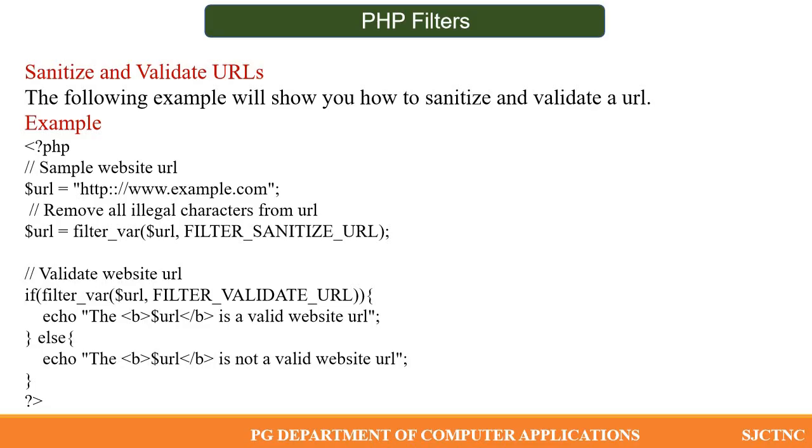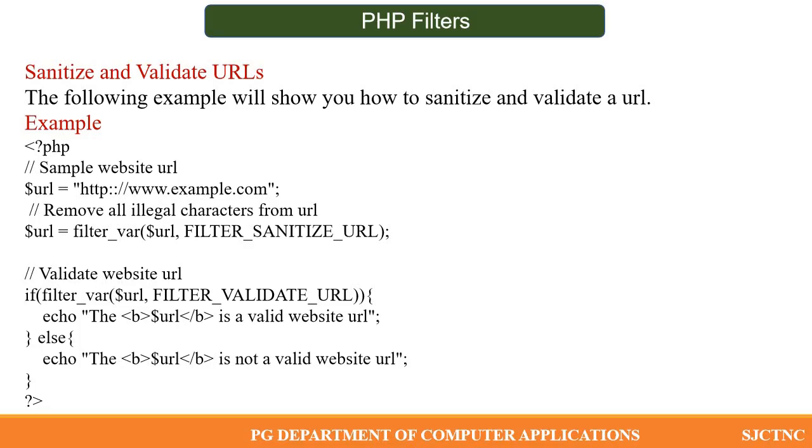The second colon will be removed using filter_var on the variable URL with FILTER_SANITIZE_URL, which sanitizes, that is, removes the illegal characters from the URL. Then the result is stored in the URL variable, and again we are checking whether it is a proper address or not.